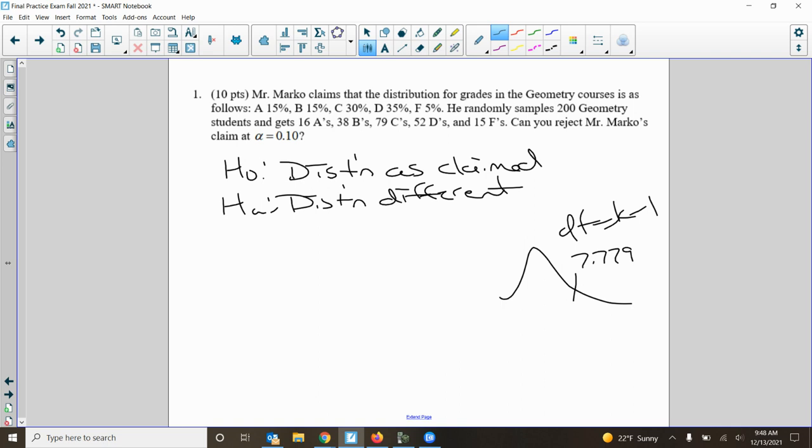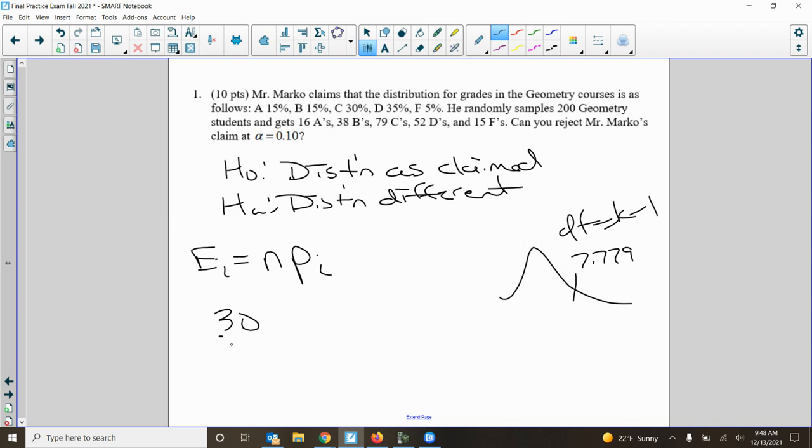And so what we say here is, let's calculate what we would have expected to happen if this is exactly correct. We calculate these expected frequencies by taking the sample size times the given probability for that category. So for A's, if there's 15% in theory of 200, we would expect 30 A's, correct?